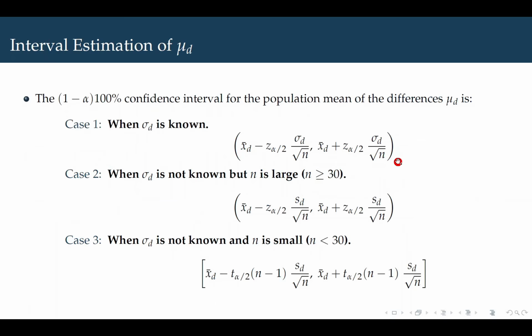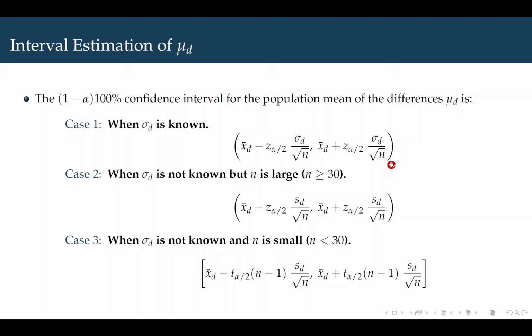Therefore, if this confidence interval contains the value 0, then we can conclude that the population mean of the differences is not significantly different from 0.